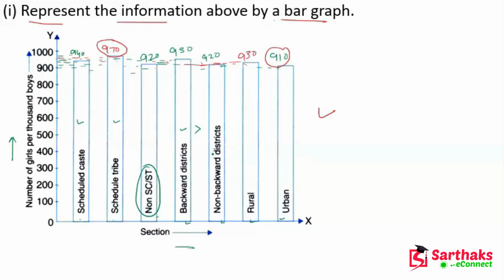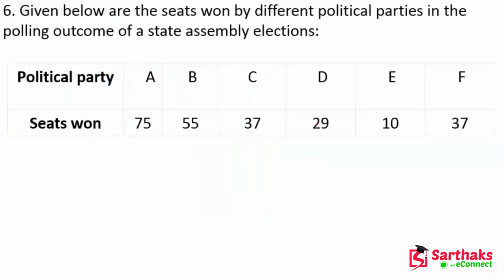And the number of girls per 1000 boys is greater in rural areas as compared to urban areas. Okay, I hope you understand these things, my dear friends. Yes, so now let's move on.